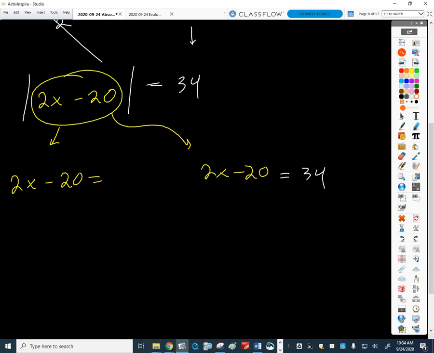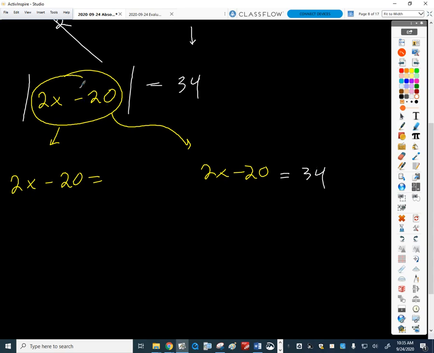Okay. So, I want to know now if we isolated the absolute value, whatever's inside has to be equal to only two numbers if the absolute value could equal 34. Whatever's inside could equal positive 34 because that would work, right?